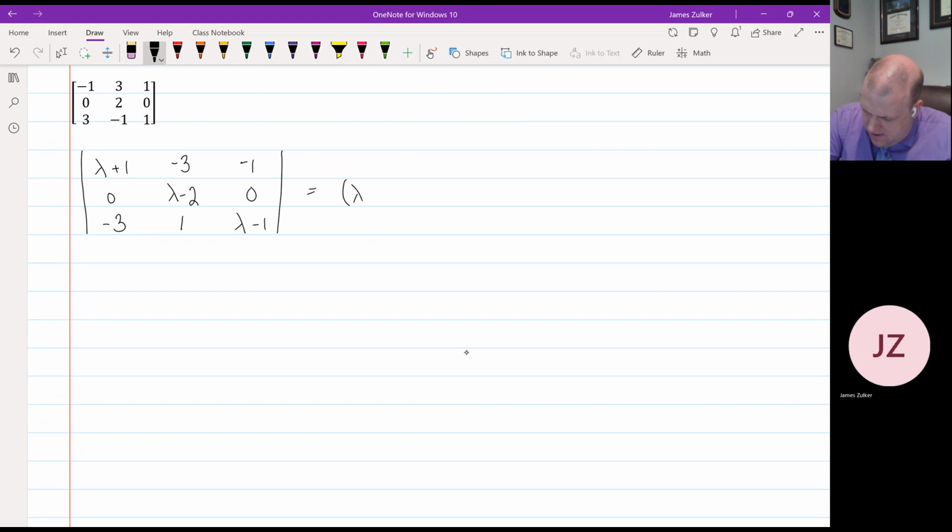We get lambda minus 2 times lambda squared minus 4, set that equal to 0, and we find that lambda is either 2 or 4.